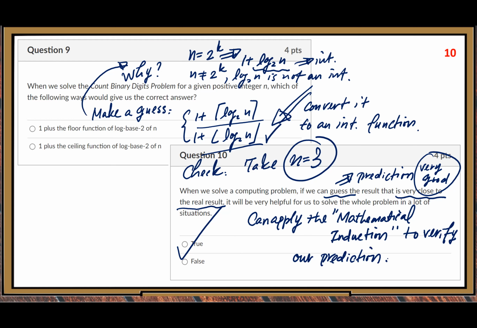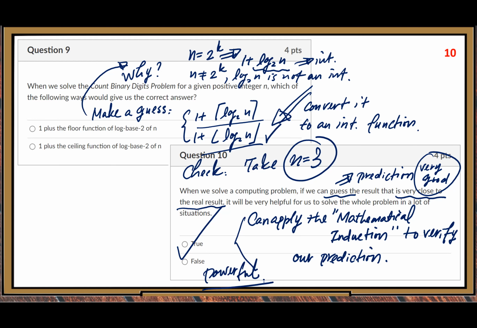Okay, so that's the strategy. Good strategy. Actually this strategy is very powerful.